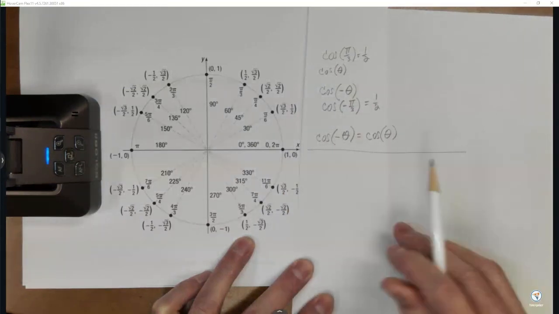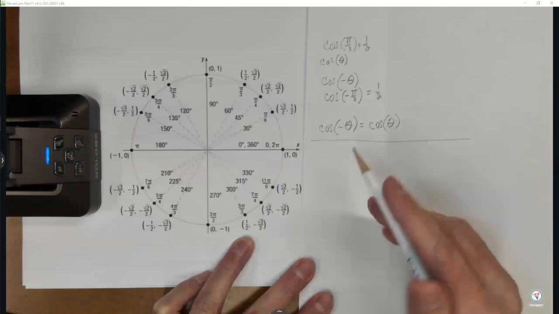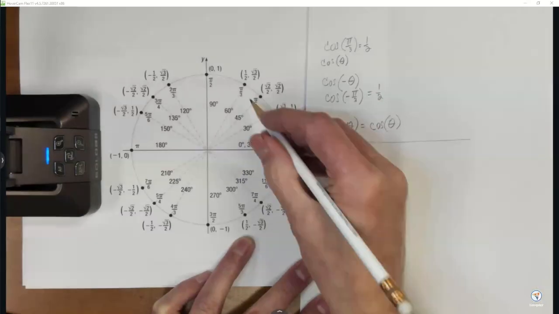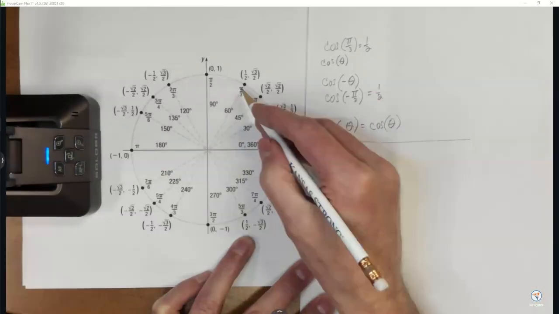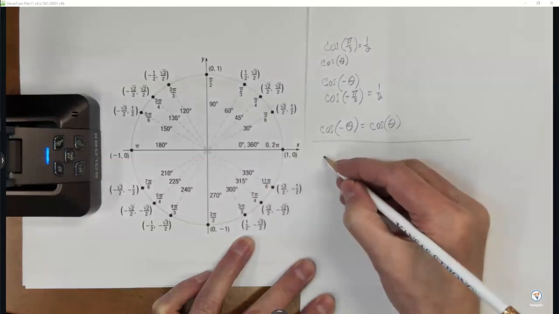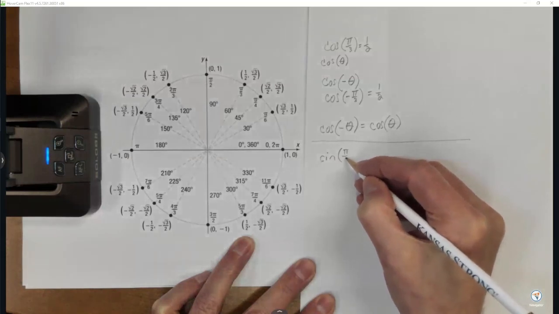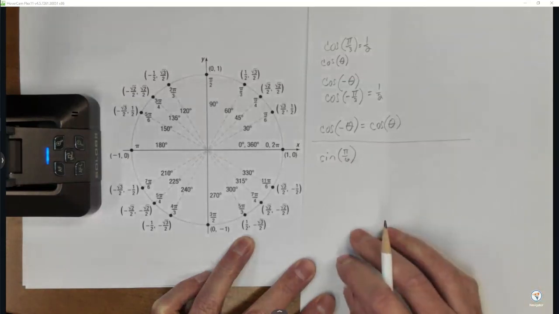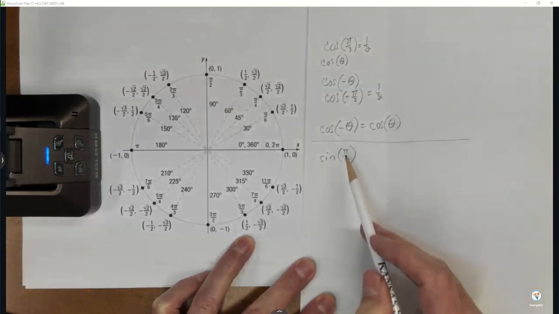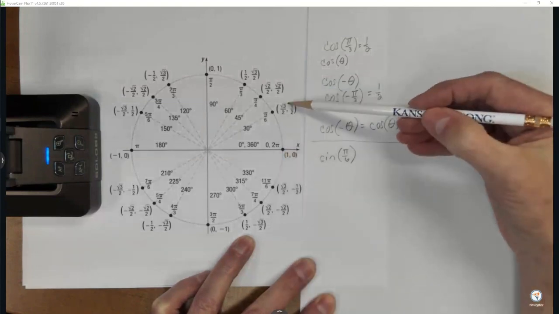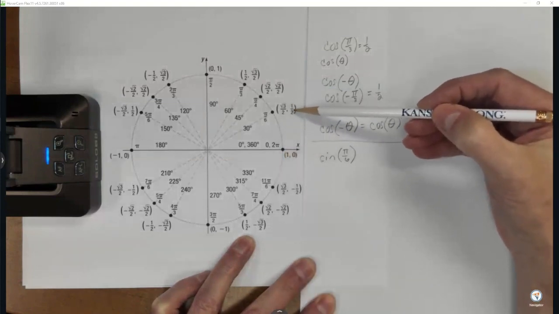Okay, so now let's look at that with just a couple of the others. Let's take a look at a sine. And since we've already used pi over 3, let's look at something different. Let's look at a sine of pi over 6. If I look at the sine for pi over 6, it's the y, so it's 1/2.